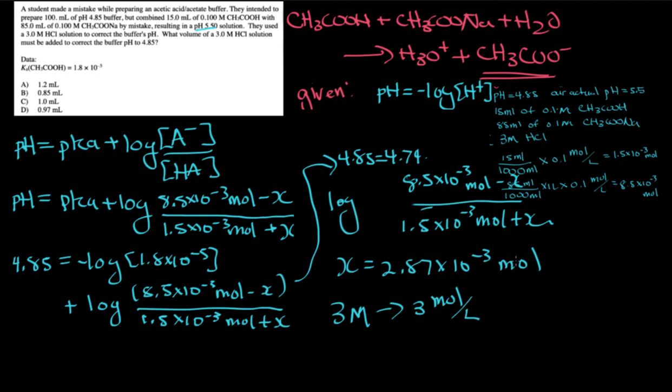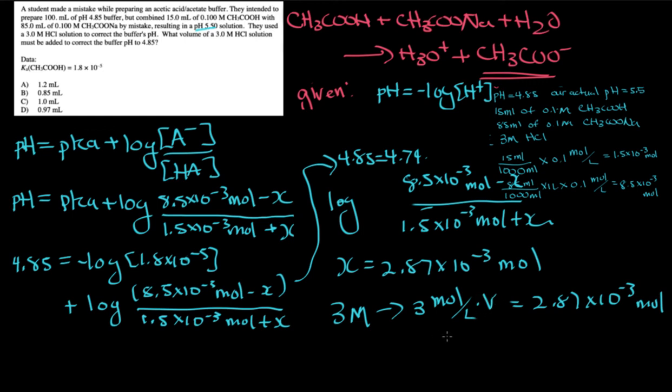And we have the moles. So what we can do is we can have 3 moles over liters times some value, or let's call it y, because we already used x before, times y is equal to 2.87 times 10 to the minus 3 moles. Actually, let's not call this y. Let's call it v for volume.